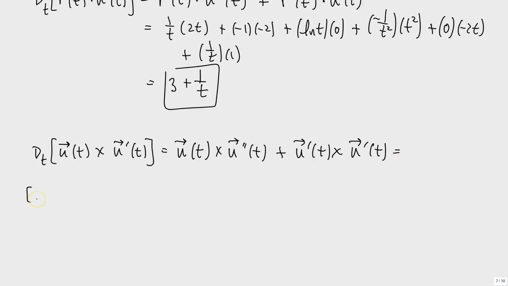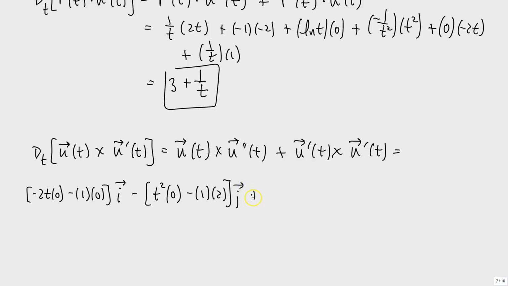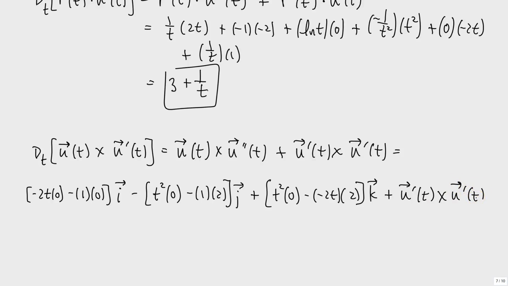So this would be, let's see, negative 2t times 0 minus 1 times 0 i minus t squared times 0 minus 1 times 2j plus t squared times 0 negative 2t times 2 k plus, and then we still have to do the cross product of u prime and u prime.